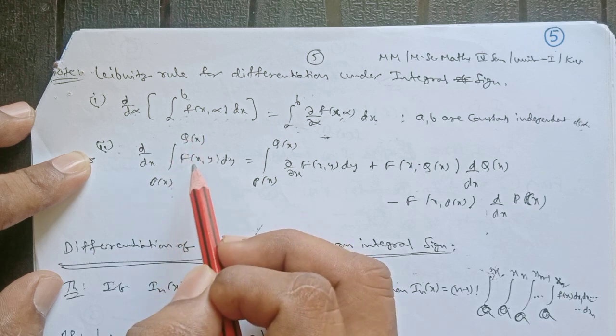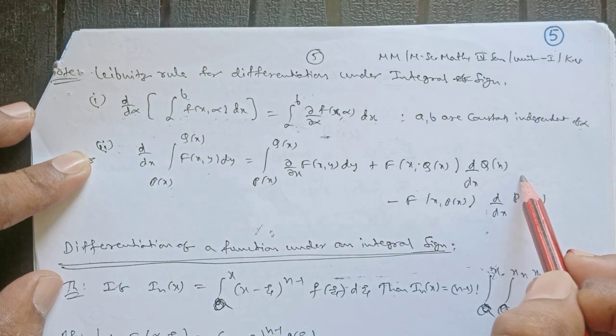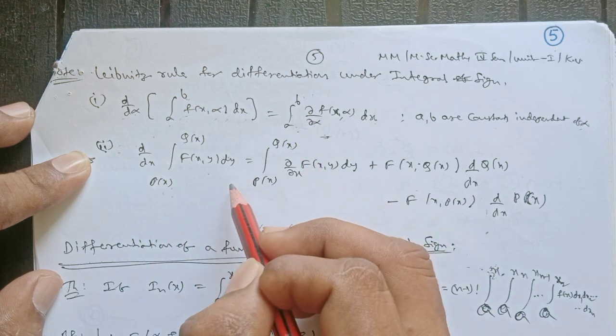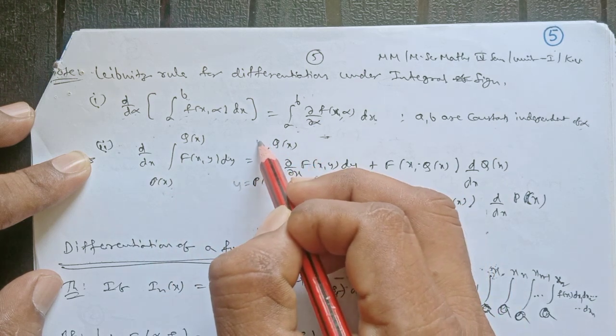The derivative of such an integral function is like this. The lower limit is p of x and the upper limit is q of x. These are the y limits: y is equal to p of x, y is equal to q of x.